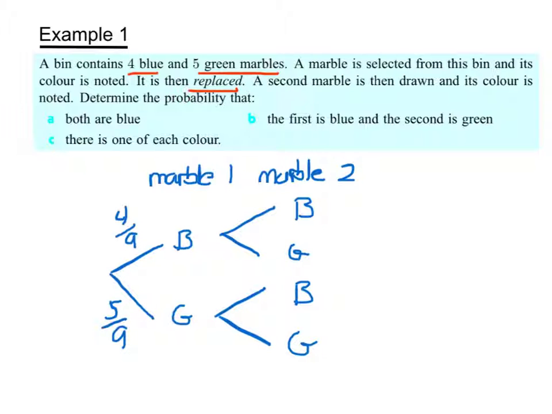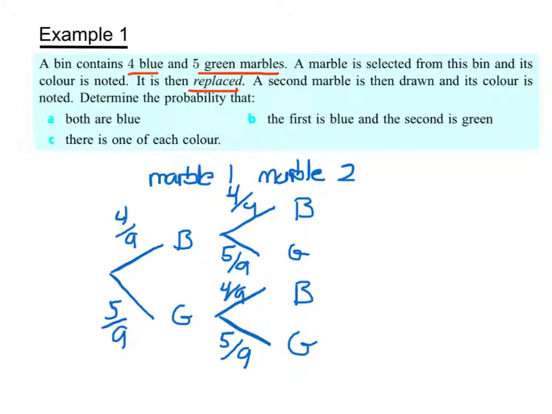Remember, because we're putting the marble back, because we're replacing it, the probabilities for each individual marble are not going to change. Again, we're going to have 4/9 for the blue marble and 5/9 for the green. And we can write these probabilities right on the tree branches of our diagram.